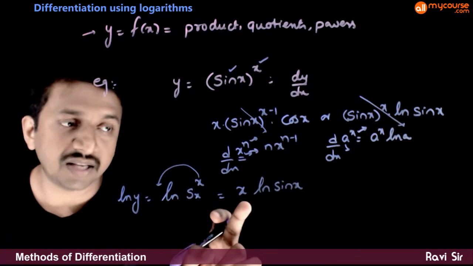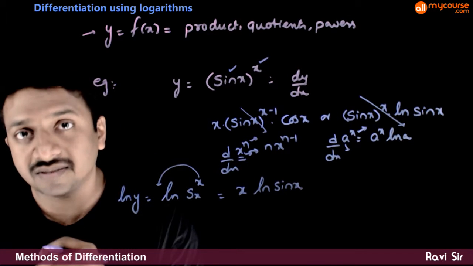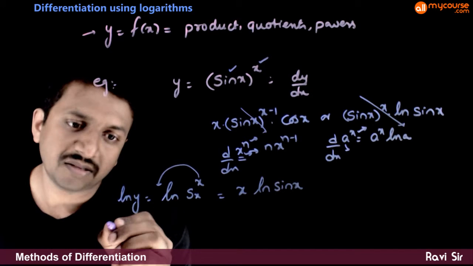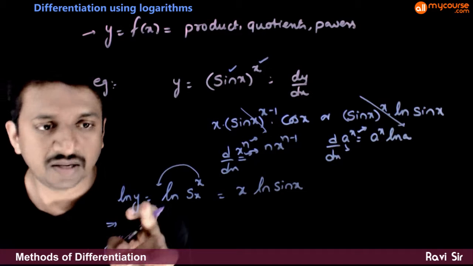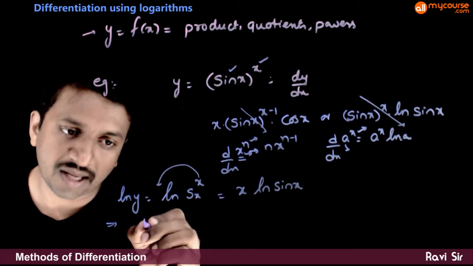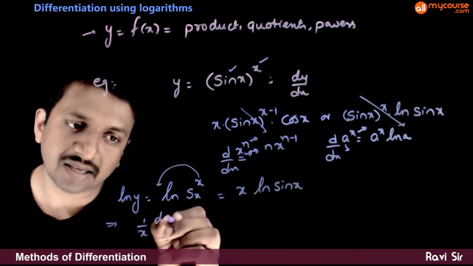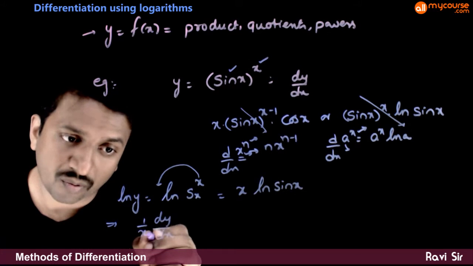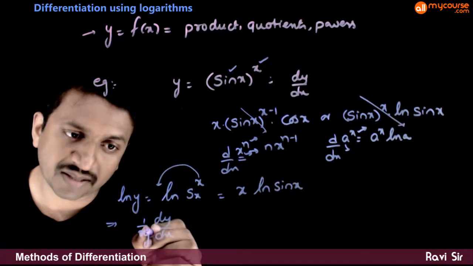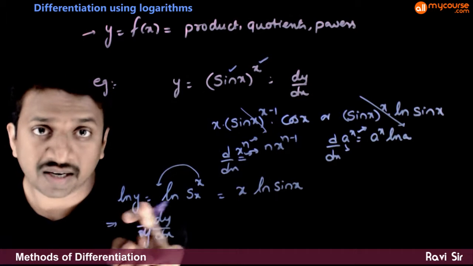So ln y is equal to x times ln sin x. Now I'll differentiate both sides with respect to x. So d by dx of ln y is 1 by y dy by dx.